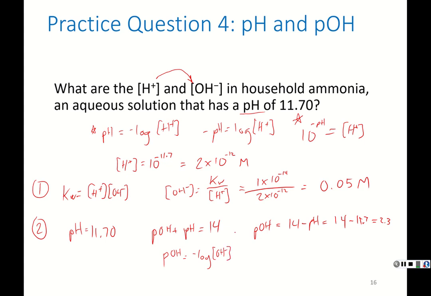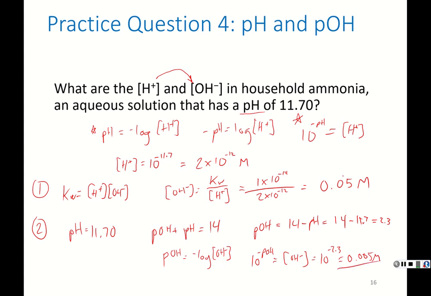So if we raise 10 to the negative pOH, we would get OH minus, which would be 10 to the minus 2.3, which would be 0.005 molar.